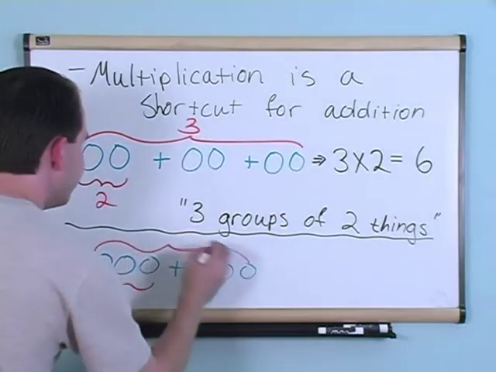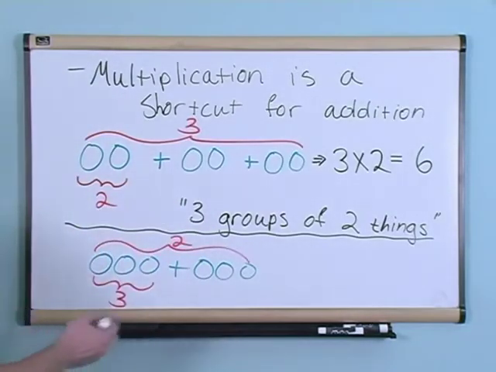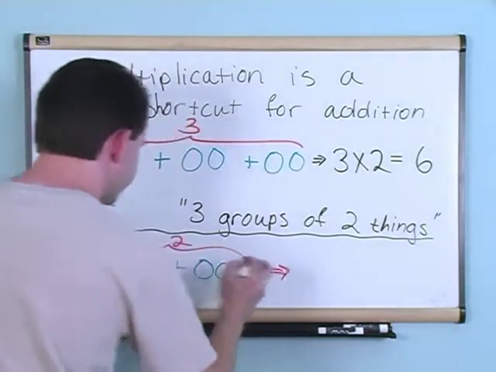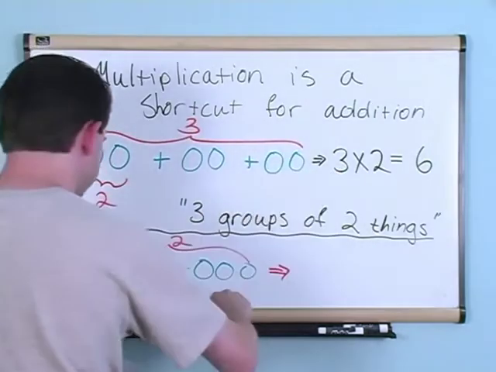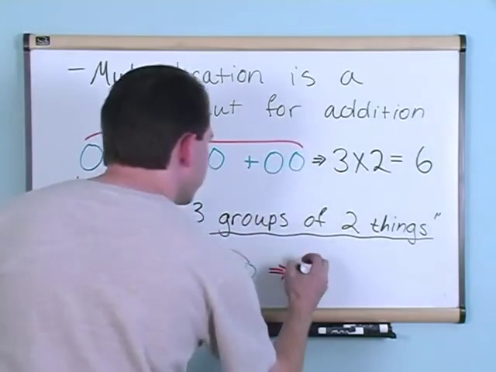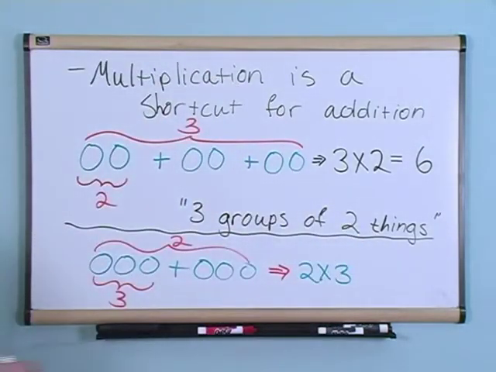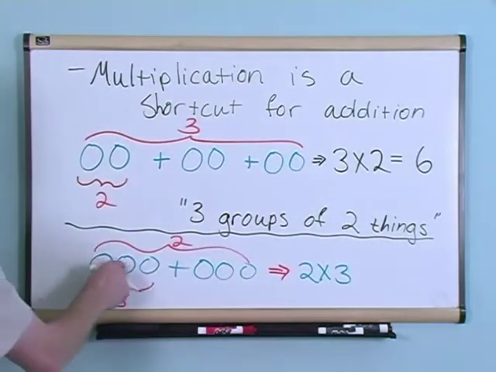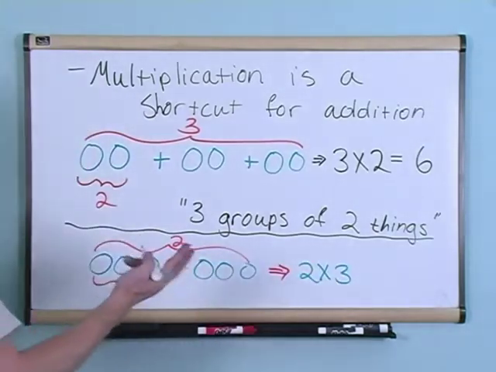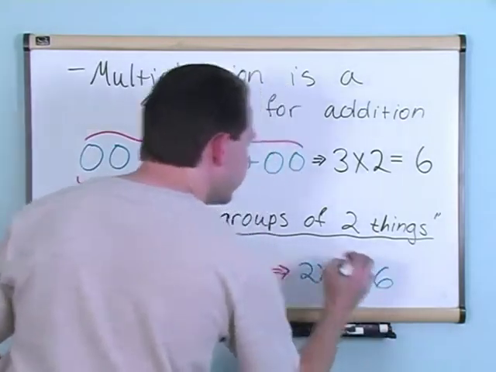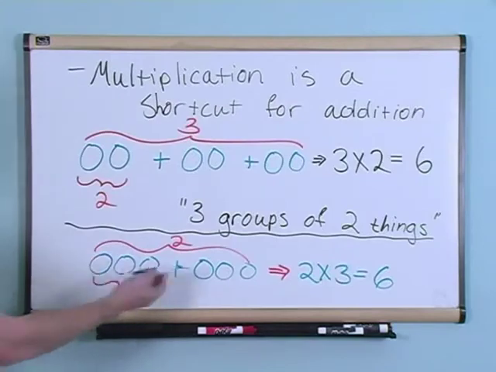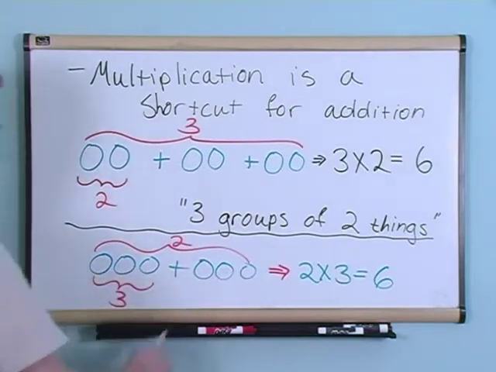And I have 2 groups, okay? So what this would be, instead of 3 times 2, this is going to be 2 times 3, okay? 2 times 3. 2 groups, 3 things in each group. And you already know that the answer is going to be 6, because you can just look at the board and count 1, 2, 3, 4, 5, 6.